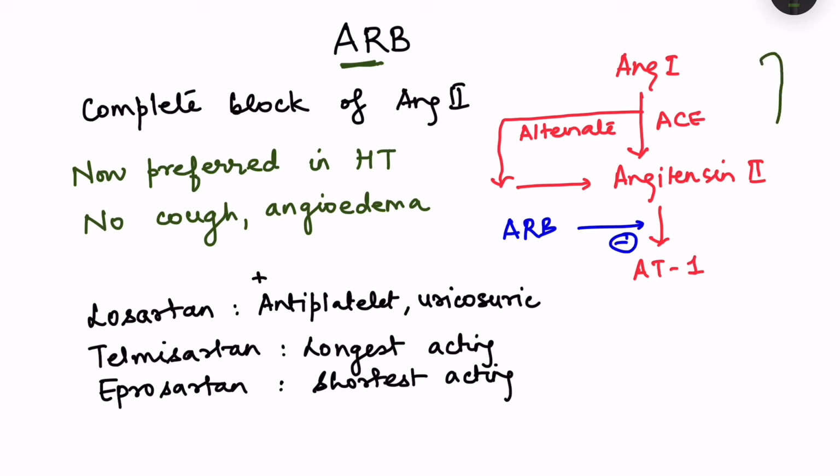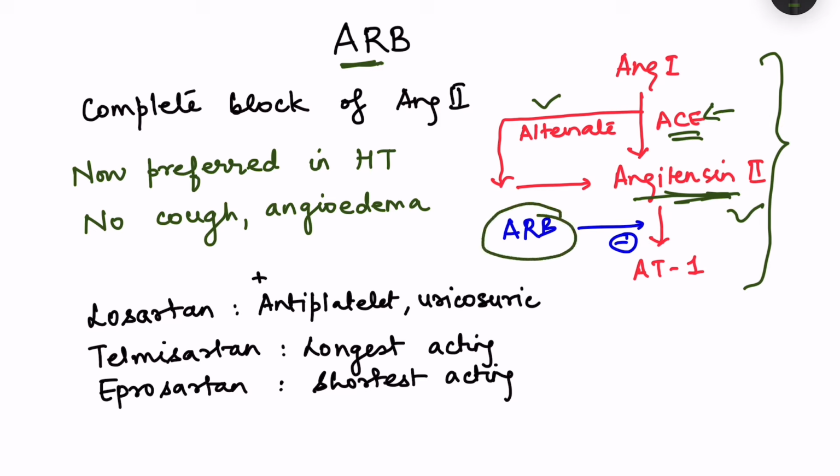Because again we have seen before that angiotensin 2 can form apart from the ACE pathway. It can form by an alternate pathway as well. ACE inhibitors block this pathway, right? But angiotensin 1 will then be diverted to the formation of angiotensin 2 by the alternate pathway, and this angiotensin 2 will be able to act, right? ARBs are blocking further below, so that angiotensin 2 formed by any pathway, its action will not occur.